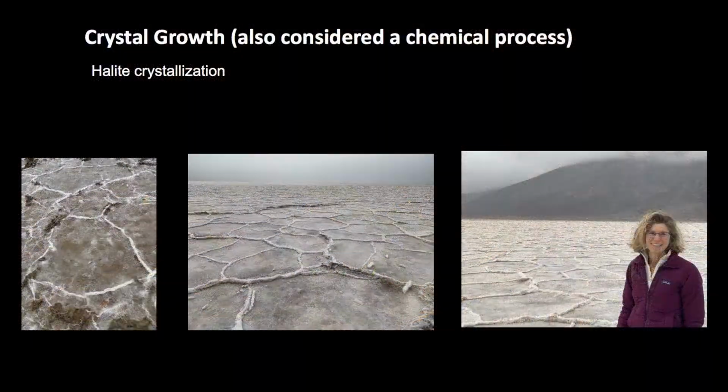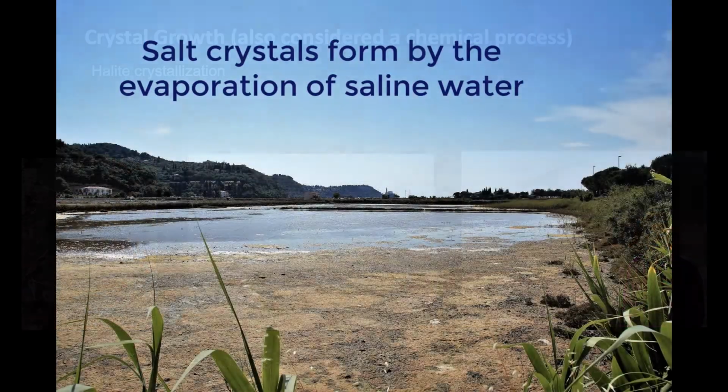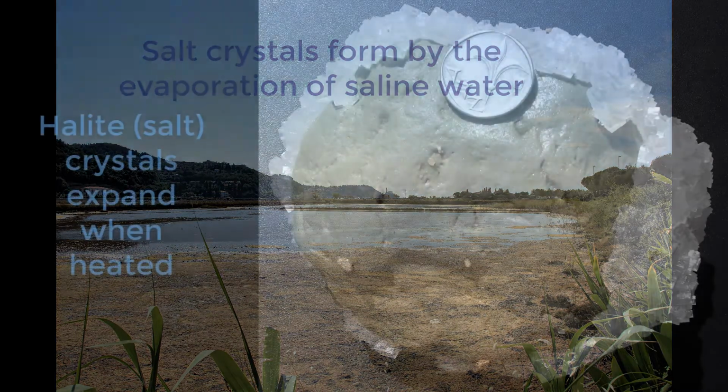The last mechanical weathering process I want to talk about is crystal growth, which is also somewhat a chemical process as well, so it can be considered both types of weathering. Salt crystal growth is also called salt weathering, and it's the process by which a saline solution, either from the ocean or from evaporating water, enters the cracks in a rock and evaporates, leaving behind salt crystals.